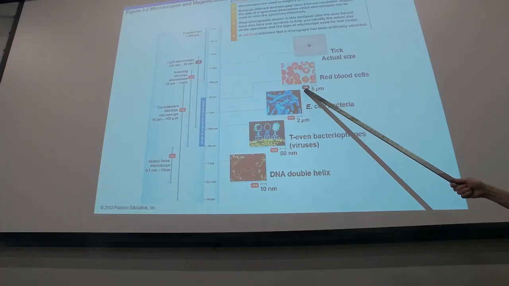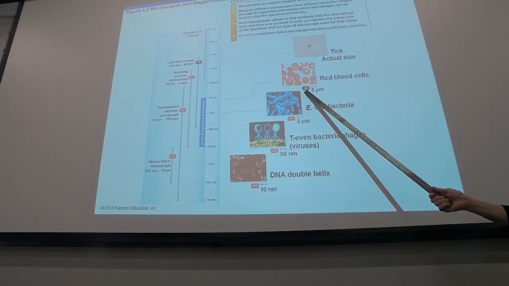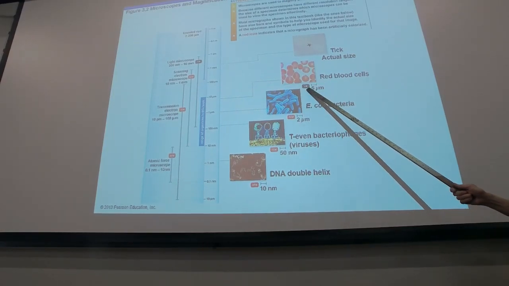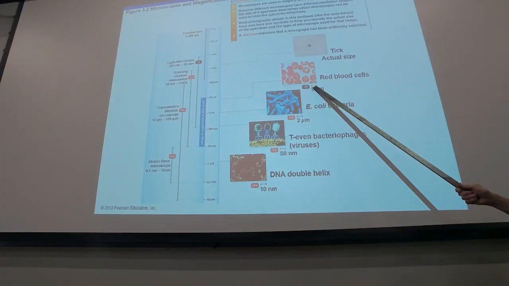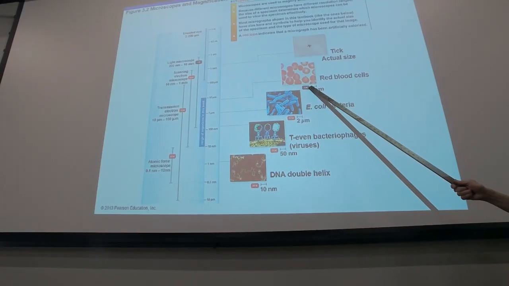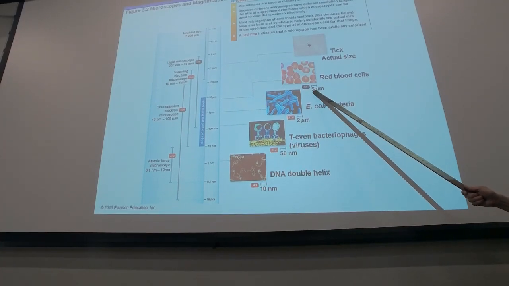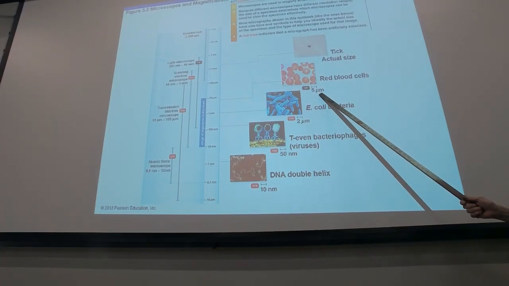So in here, in this little square, it tells you what type of microscope we are using, which is, in this case, LM, for light microscope. And then in here, they have this bar scale that tells you that the distance between the beginning and the end of this bar scale will be 5 micrometers.